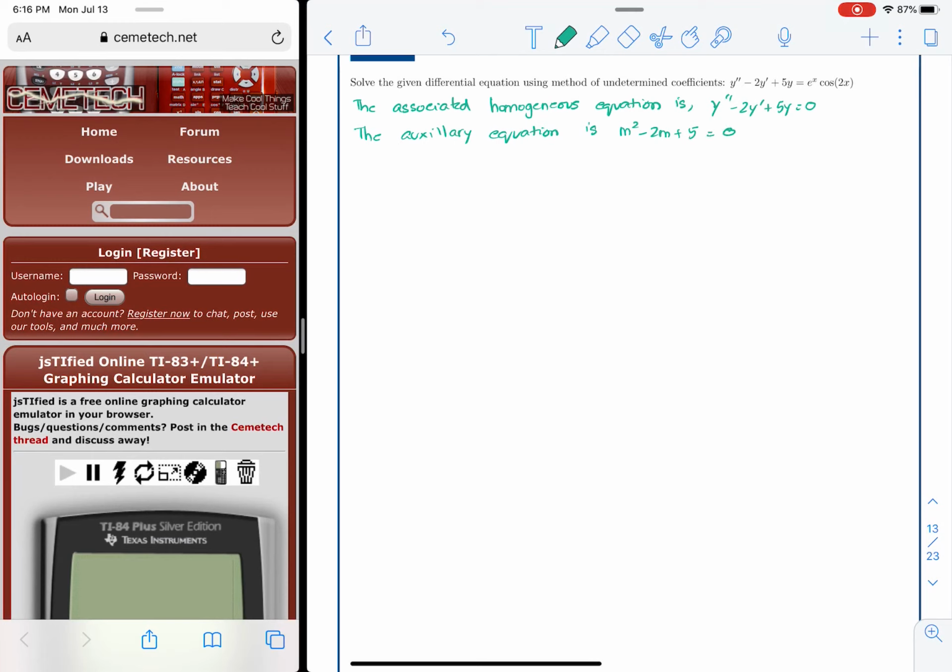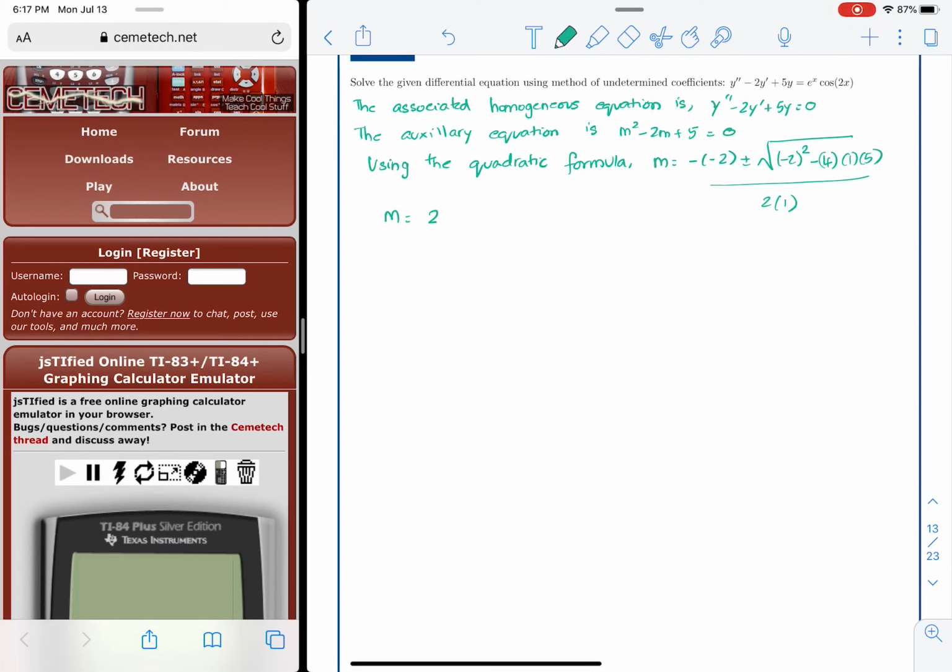And we want to see if we can find a solution by factoring. I don't believe so, so we've got to use the quadratic formula. So using the quadratic formula, m is minus b plus or minus square root of b squared minus 4 times a times c, divided by 2a.